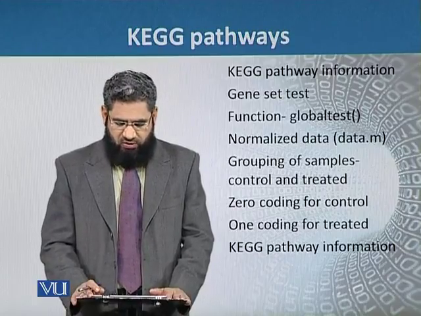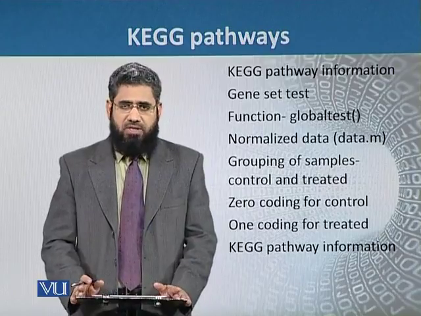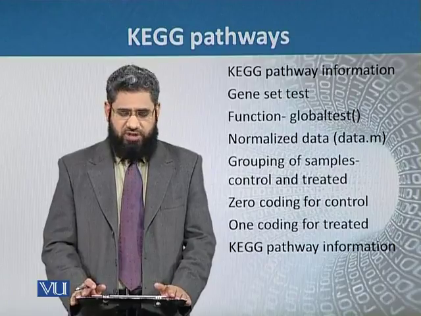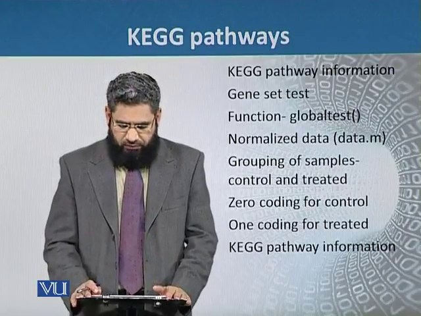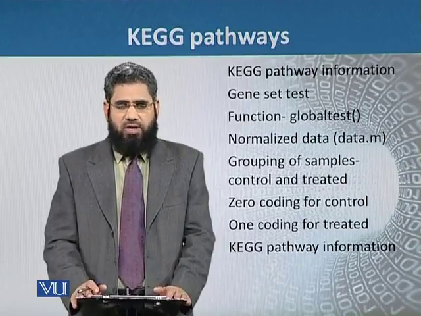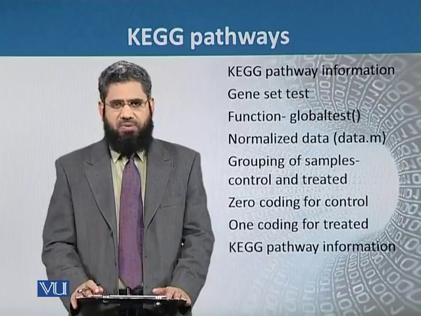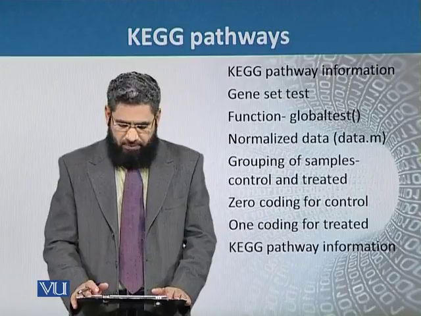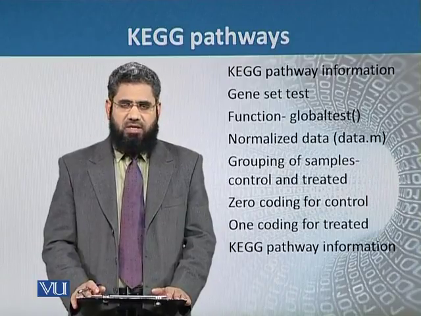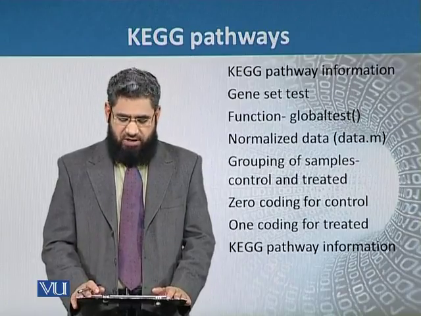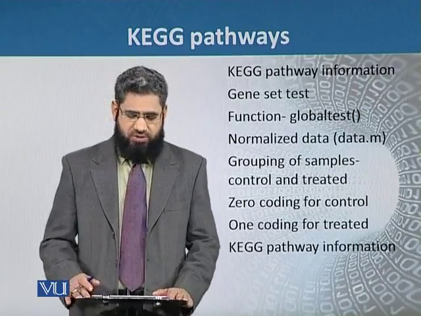Then we need the grouping of the samples. It means that we know which ones are the control samples and which ones are the treated samples. Then we need to allocate numbering to the control and treated samples. For example, we allocate 0 to all the control samples and the number 1 to all the treated samples. In this way, we will get the KEGG pathway information.